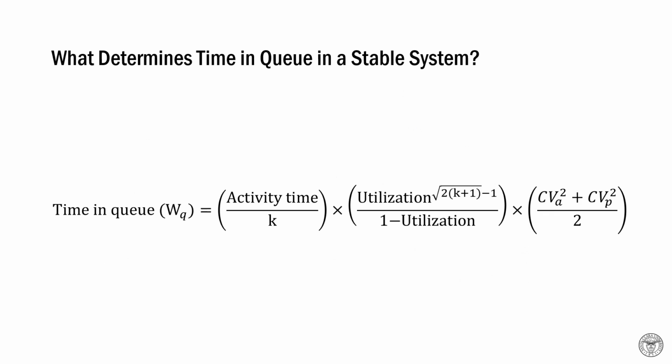Decoding the determinants of queue time in a stable system, we direct our attention to the equation for time in queue, WQ, which is WQ equals activity time divided by K multiplied by the quantity of utilization to the power of the square root of 2 times K plus 1, minus 1, all over 1 minus utilization, times the quantity of CVA squared plus CVP squared all over 2.